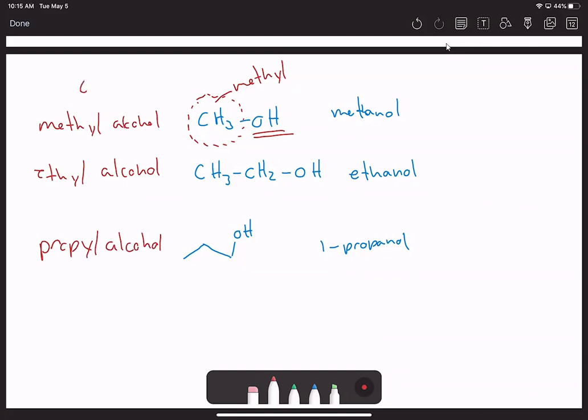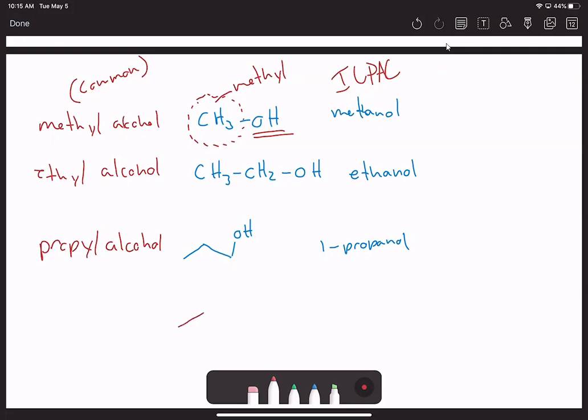This is commonly known, and this is IUPAC. So IUPAC, methanol, commonly known as methyl alcohol. IUPAC, ethanol, commonly known as ethyl alcohol.